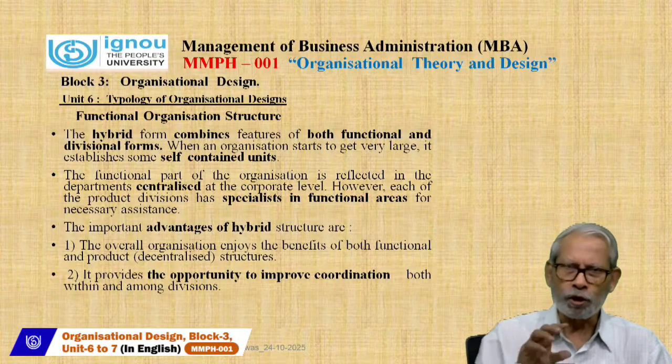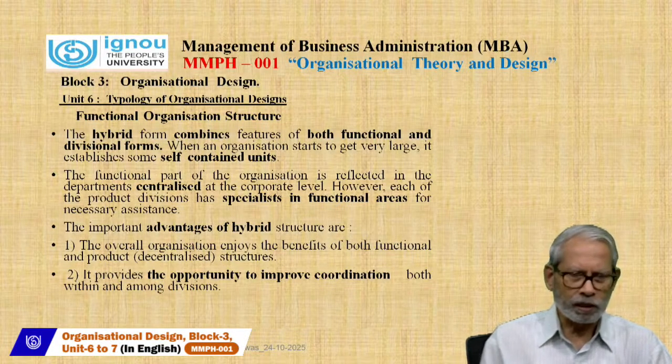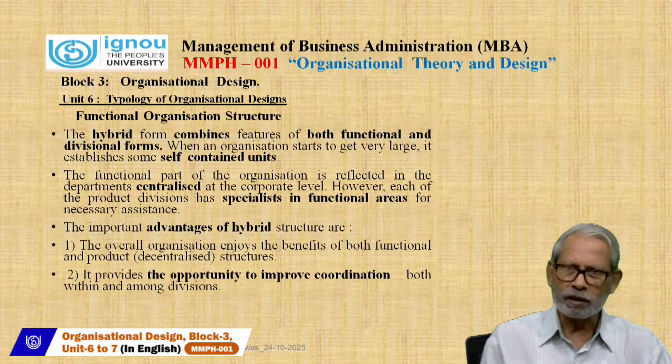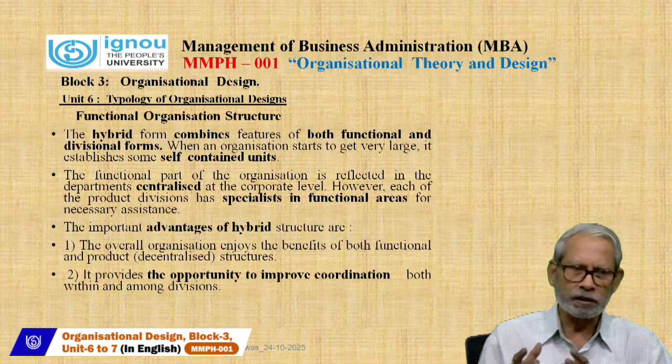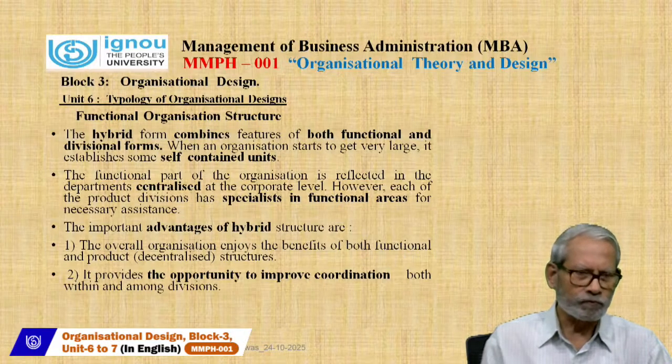Sometimes the corporate level has to control everything, all the functional areas. However, each of the product divisions has some specialized fields, and again the functional areas are also there. If necessary, they can also assist each other.